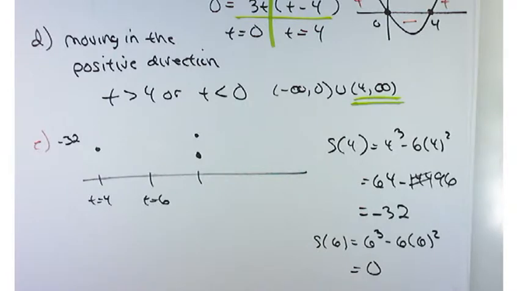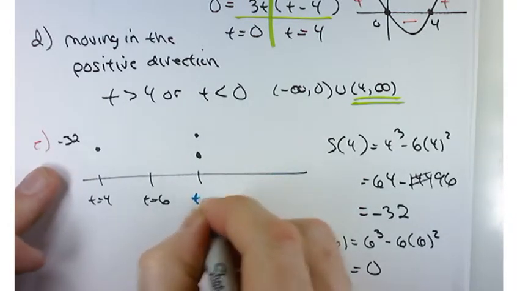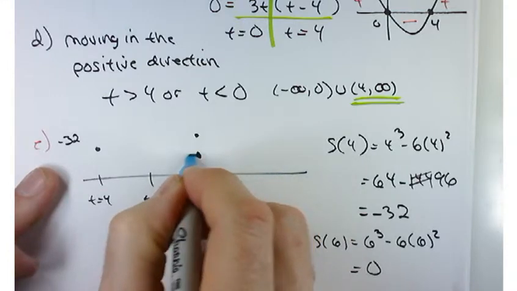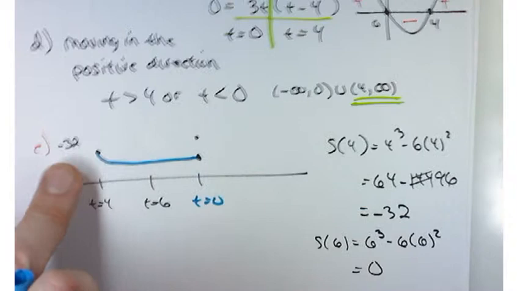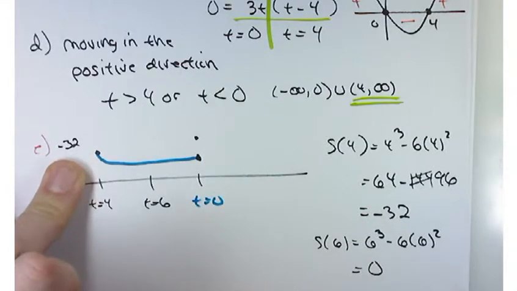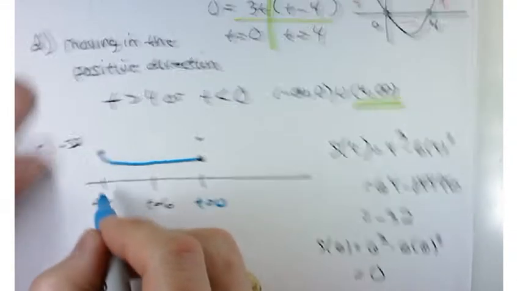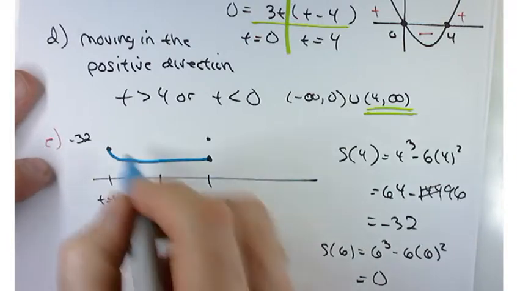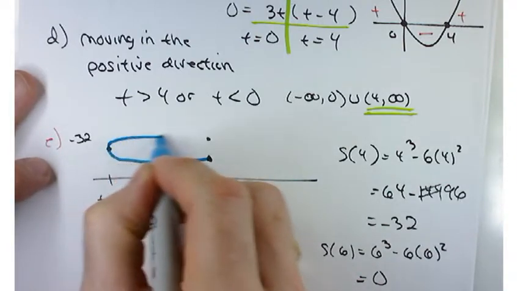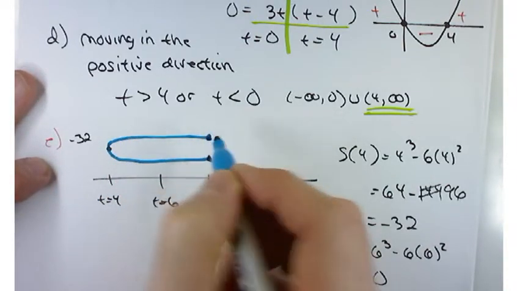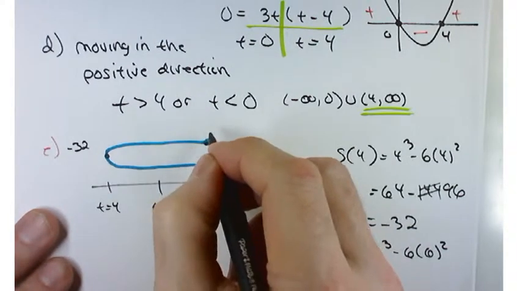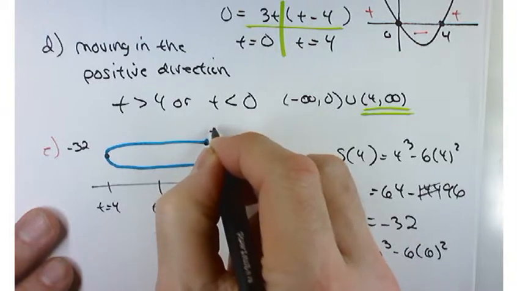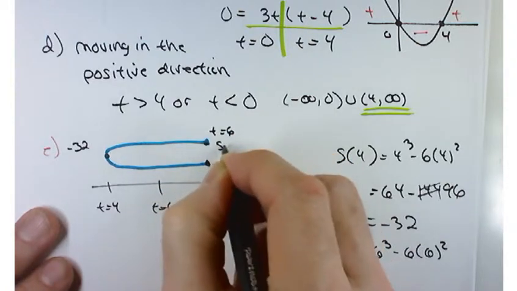So here's what's happening with our particle. It starts out at t equals 0 here, and then moves to this point, s equals negative 32. And then in the next 2 seconds, between 4 and 6 seconds, it comes back to where we started. So at t equals 6, s equals 0.